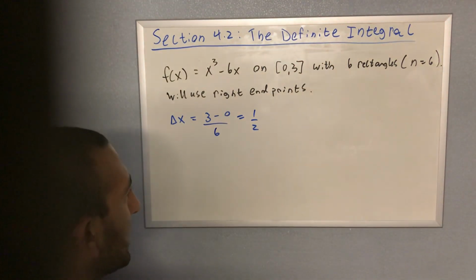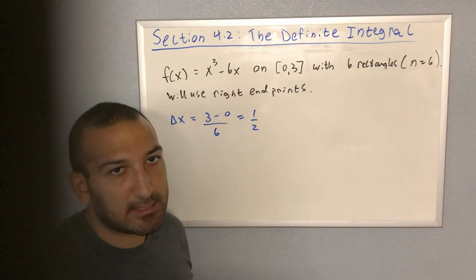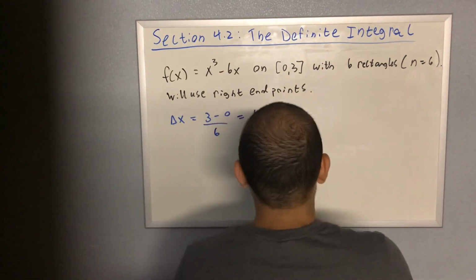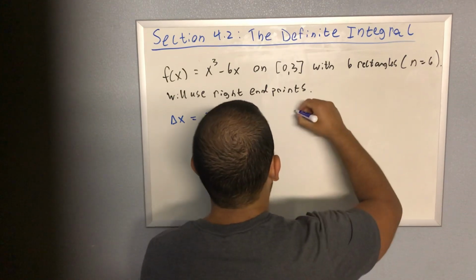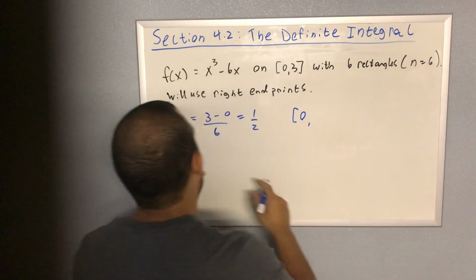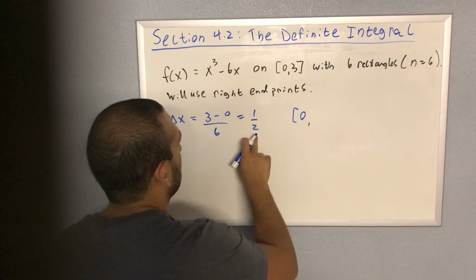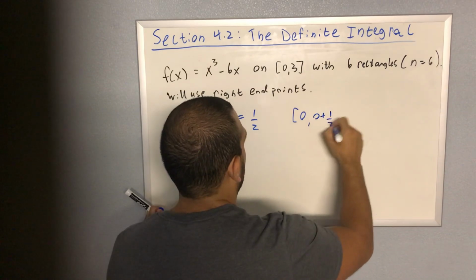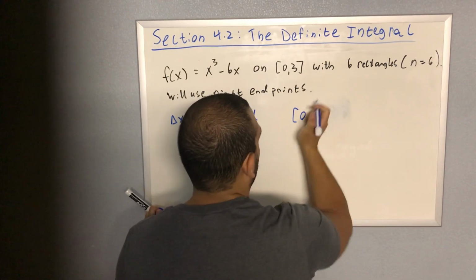And then remember, this gave us a bunch of subintervals. So in this case, since n is 6, we're going to get 6 subintervals. So the subintervals that we have are the following. We start at 0. But if the width is a half, we're going to go from 0 to 0 plus 1/2, aka just 1/2. So that's the first subinterval.